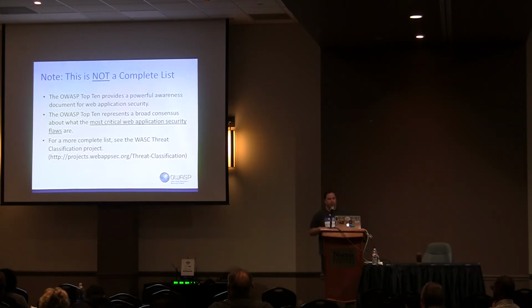So there's lots of other vulnerabilities out there, but these represent a broad consensus in terms of the most critical web application security flaws. If you want a more complete list, there's the Web Application Security Consortium, or WASC, and they have a really cool project called the Threat Classification Project. That Threat Classification Project kind of takes everything and breaks it out into different classifications and different silos and things like that. Really, really cool. So if you want to learn about more stuff, that's a great resource.